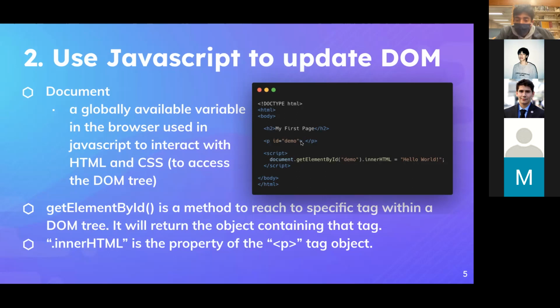What's between the tags is the inner HTML, and what's inside the tag is the attribute. So these are properties of the tag, and this is the content of the tag. So here, this is saying, okay, in the document, please look for the ID demo. So grab this tag, right? And then in the innerHTML, please put hello world.